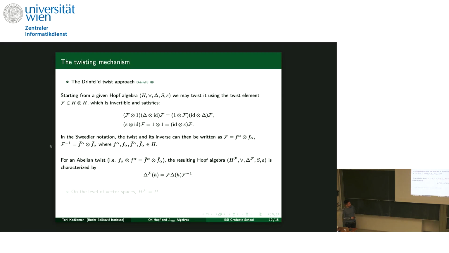Everything else remains the same. So the wedge product is the same. The antipode, which would get changed if the twist were not abelian, but since it is abelian, does not get a difference. The co-unit is the same. And also on the level of vector spaces, these two, F-twisted H and the original H, are the same. But as algebras, they're different and get a different coproduct.